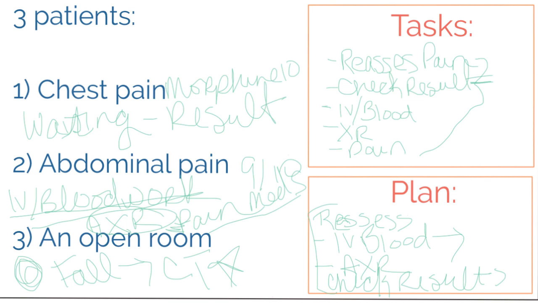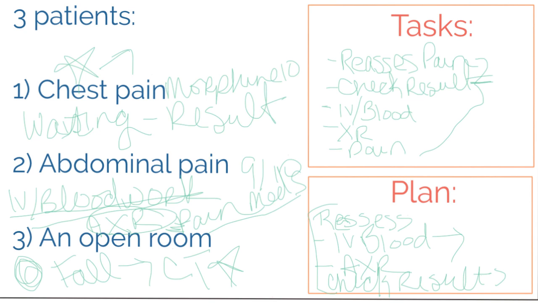And then all of a sudden we get results on our chest pain, and our chest painer is actually having a non-STEMI myocardial infarction. And so you become concerned with that. You need to get an EKG. And now the chest painer becomes your priority. You need to anticipate that you're going to be getting heparin ordered for that patient and getting everything set up, the pump, make sure coags have been sent, things like that.